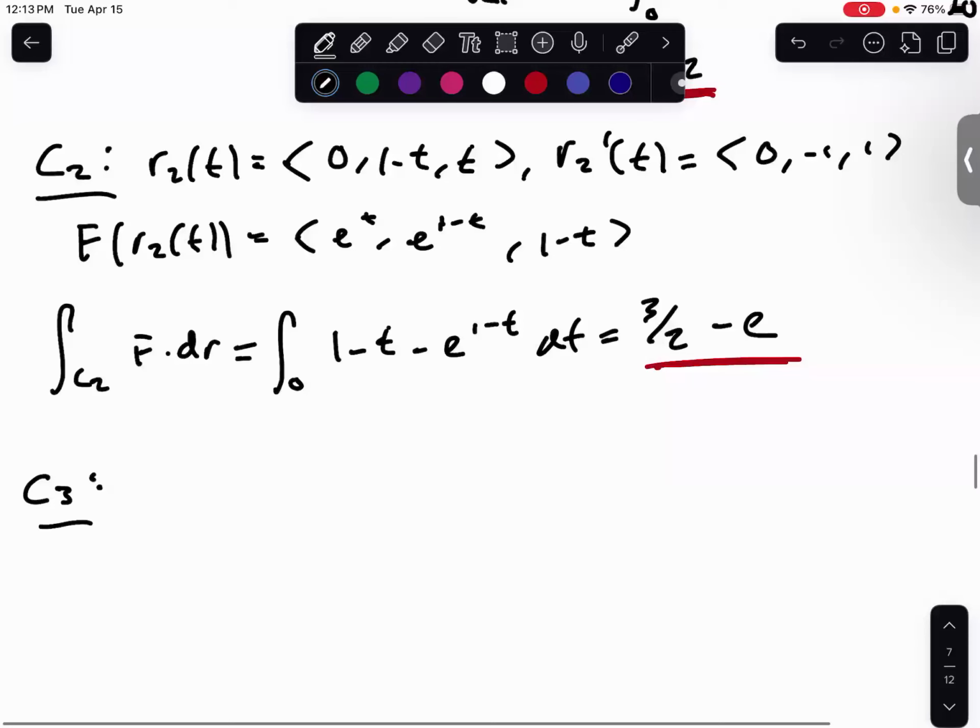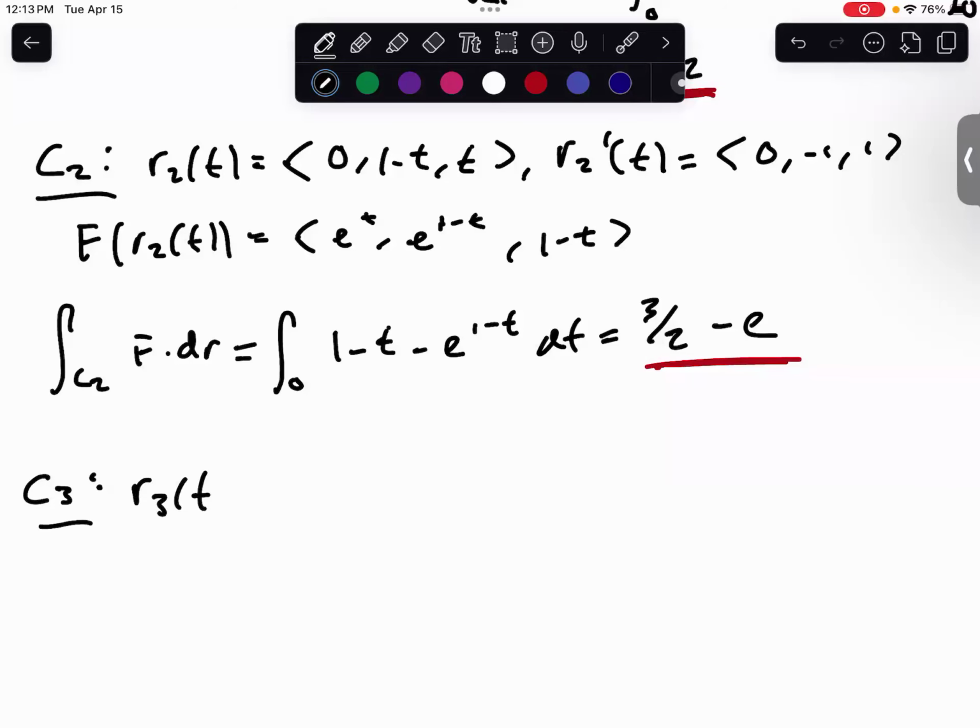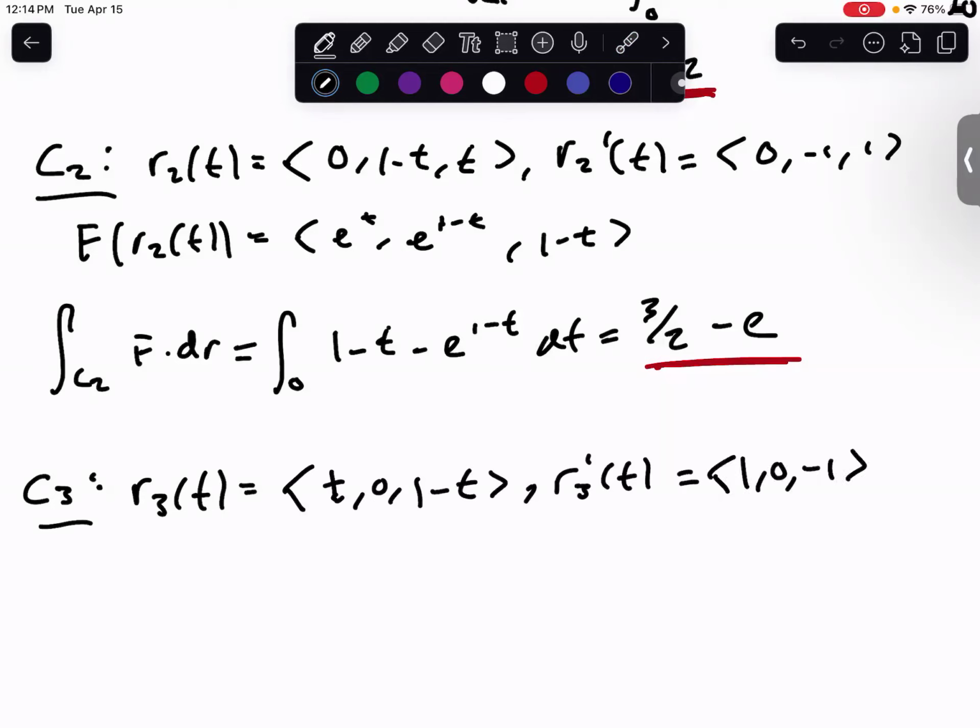So that tells us that our parameterization is going to be equal to t, 0, and then 1 minus t. Again, when t is equal to 0, you get 0, 0, 1. When t is equal to 1, you get 1, 0, 0. So that works out. If you take the derivative, this will be equal to 1, 0, -1.